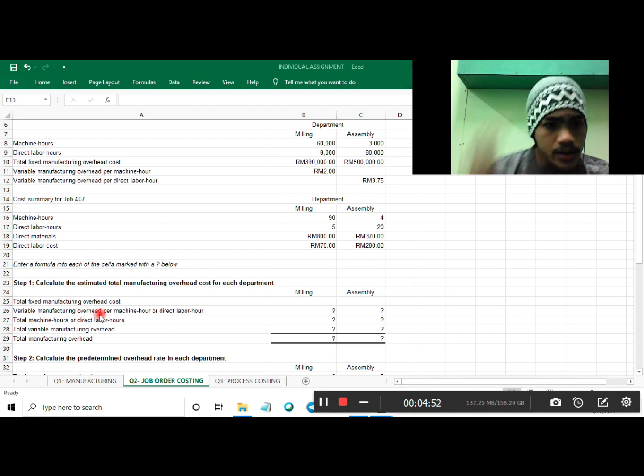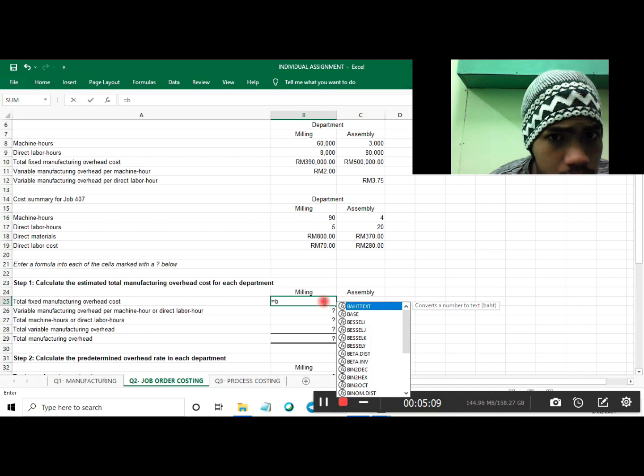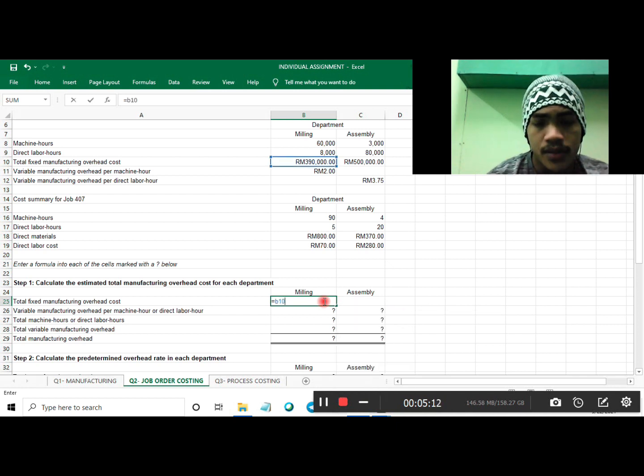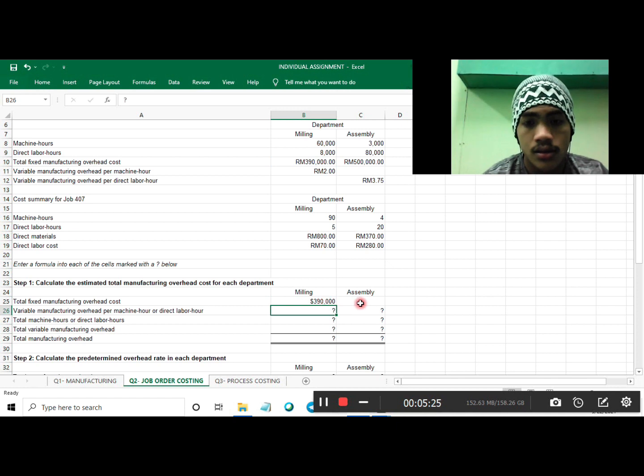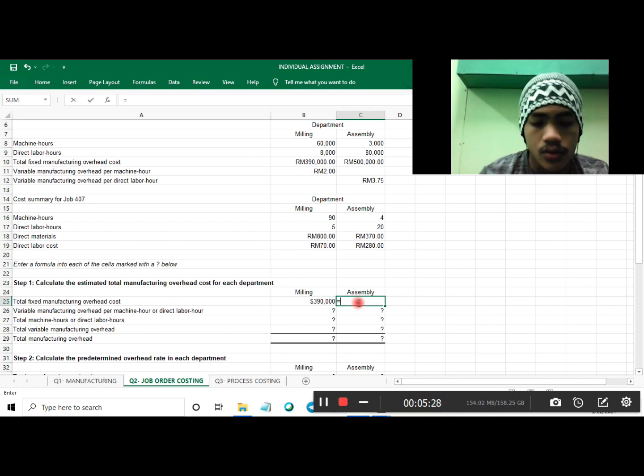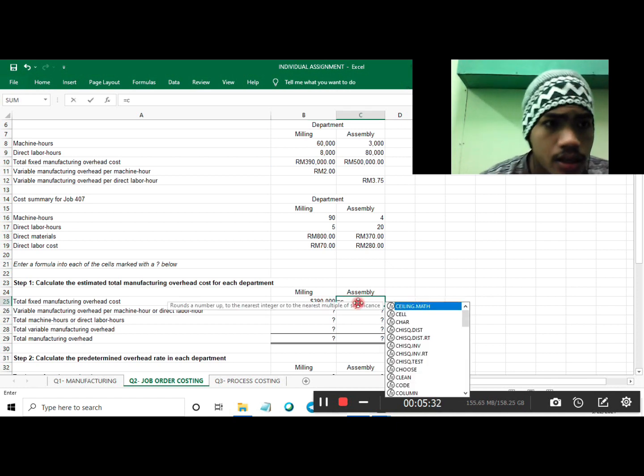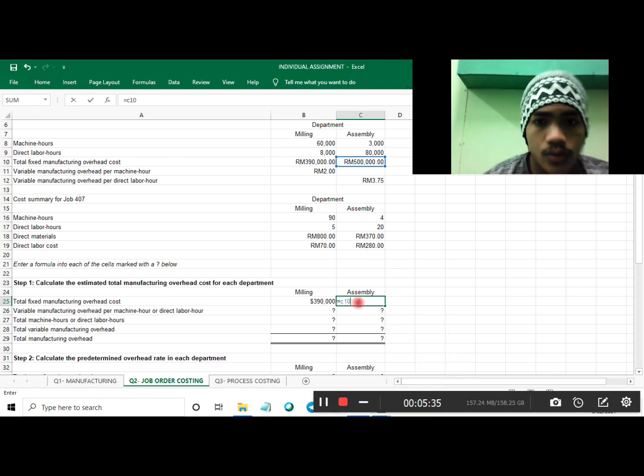Step 1, calculate the estimated total manufacturing overhead cost for each department. For total fixed manufacturing overhead cost, we get from the data equal B10, which for the milling department is 319,000, and for assembly equal C10, then we have 500,000.